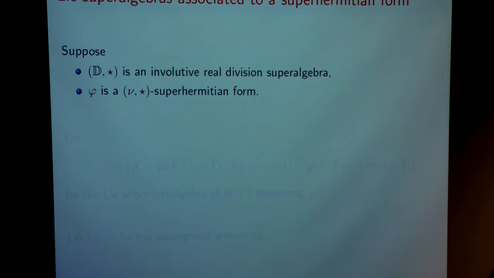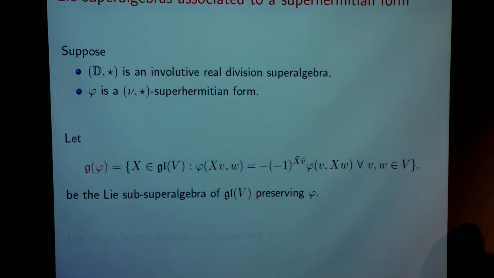Okay, so what Lie superalgebras can we associate to a super Hermitian form? We fix one of these real division superalgebras together with an anti-involution. We pick one of these super Hermitian forms. And then, of course, we can look at the Lie superalgebra that fixes this form. So it's a subalgebra of the general linear Lie superalgebra corresponding to V, and it's the elements that preserve the form.